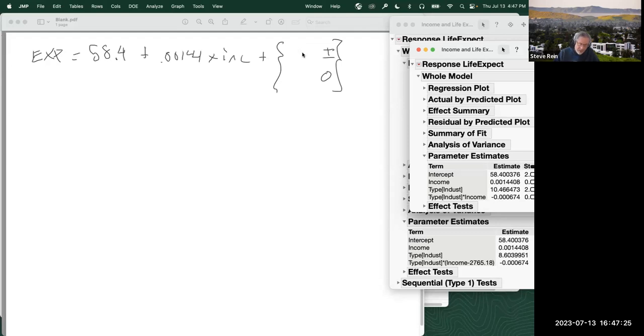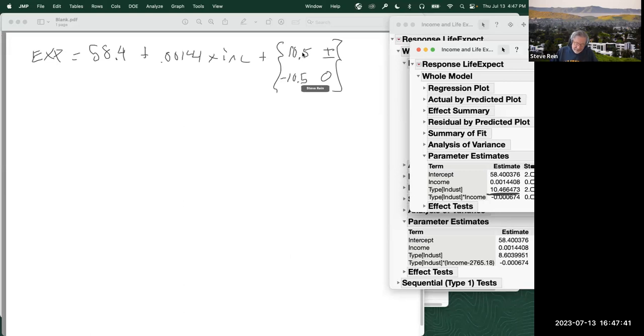I'm going to put in numbers that correspond to my analysis over here: 10.5 if industrialized, minus 10.5 if OPEC.